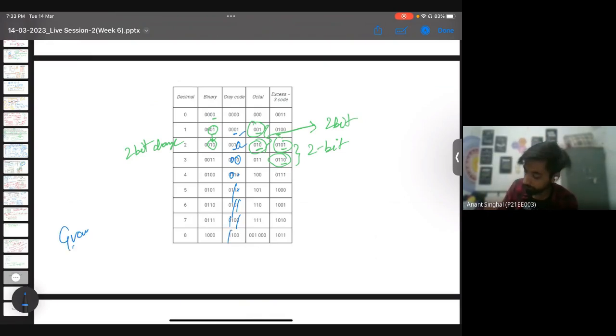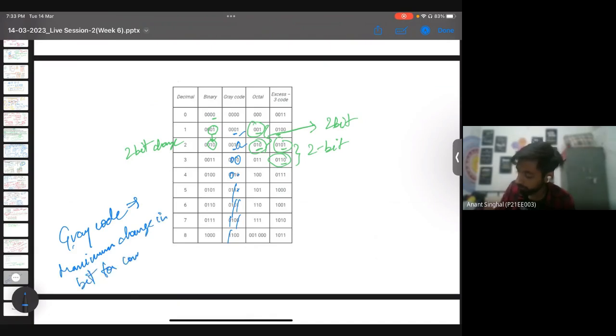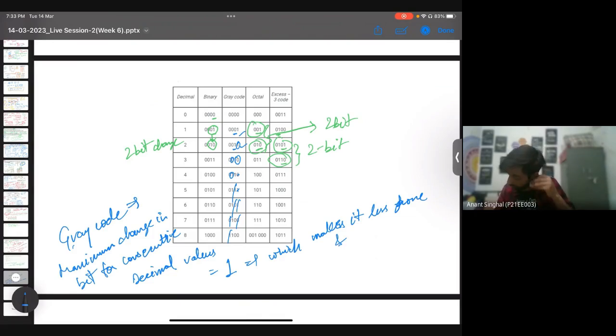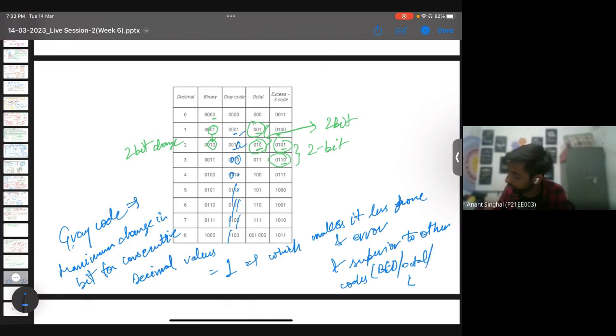So in Gray code, the maximum change in bits for consecutive decimal values is always 1, which makes it less prone to errors and superior to other codes such as binary, BCD, octal, XS3.